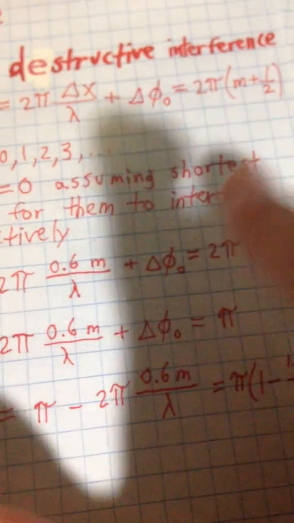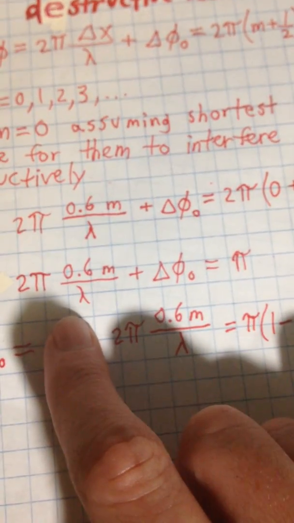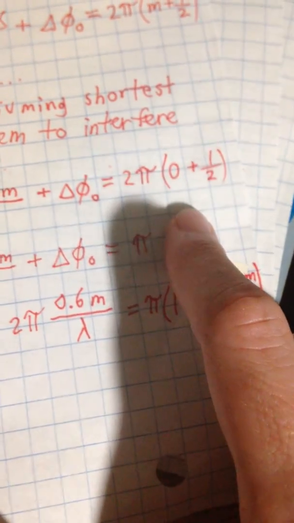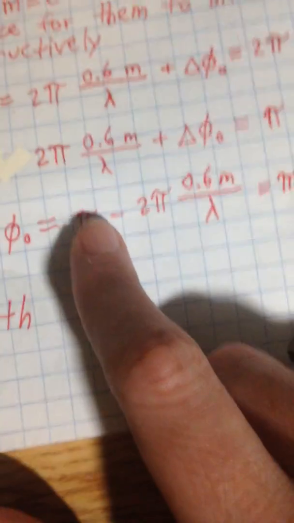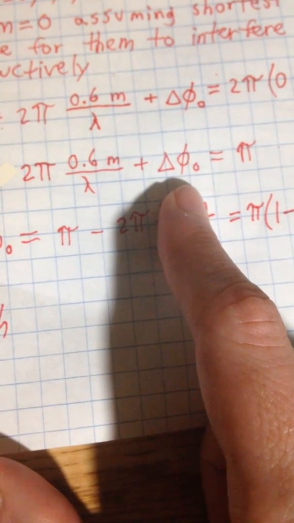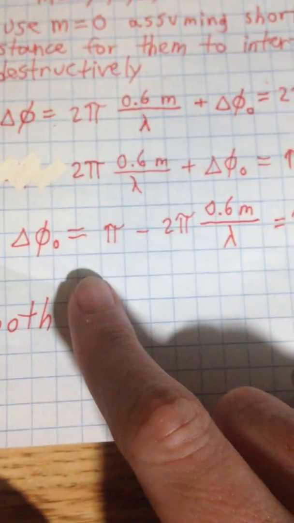If you see here, this is 0 times this 0 plus 1/2 times 2 pi, that just becomes pi. And then let's solve for phi naught once we get to this stage, because we just have lambda here, and maybe we can do something with that.